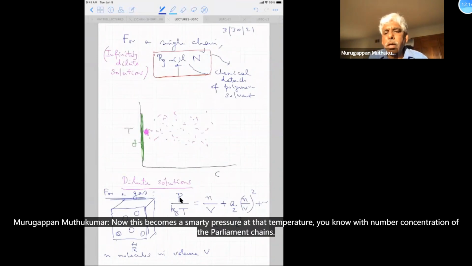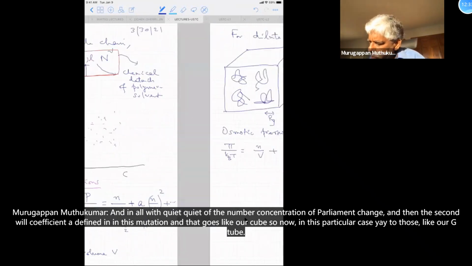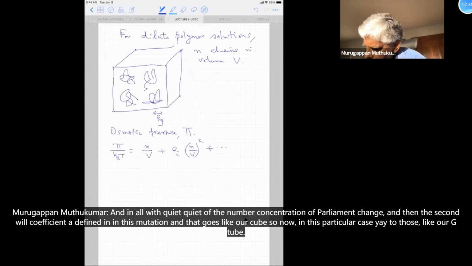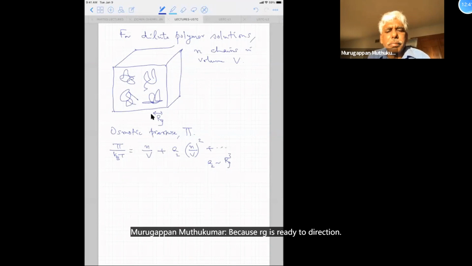Now this becomes osmotic pressure at that temperature. N over V is the number concentration of the polymer chains, and N over V squared is the square of the number concentration of polymer chains, and that's the second virial coefficient defined in this notation. And that goes like R cubed. So now in this particular case, A2 goes like Rg cubed, because Rg is the radius of gyration.